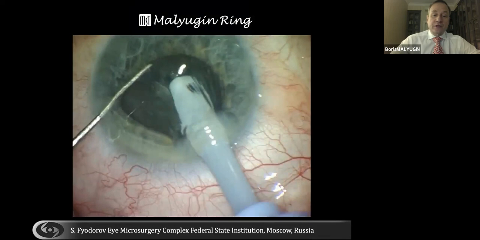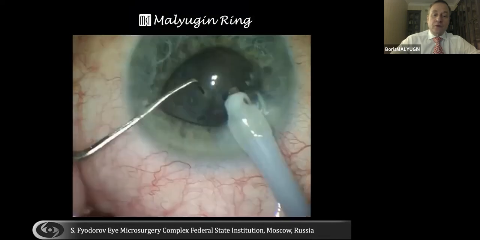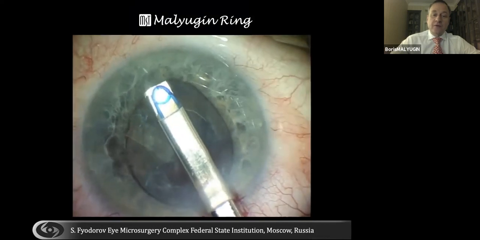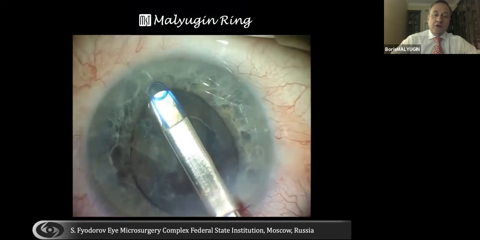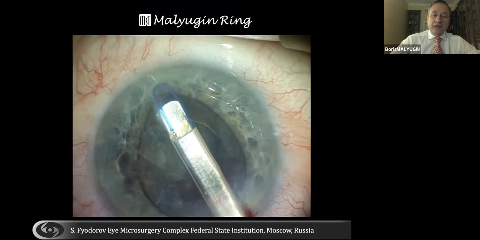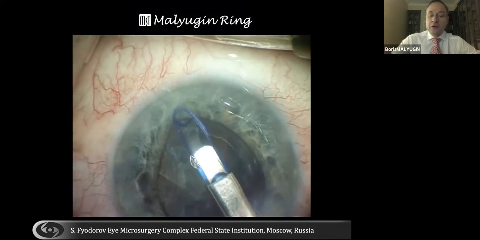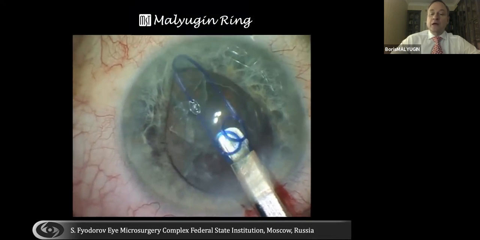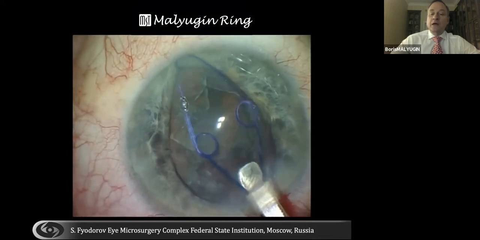And obviously, to be on the safe side, we need to do something such as use the pupil expansion ring. And as shown here, as soon as you insert viscoelastic, you see that the pupil becomes quite big again.